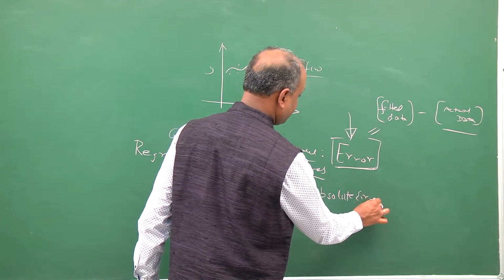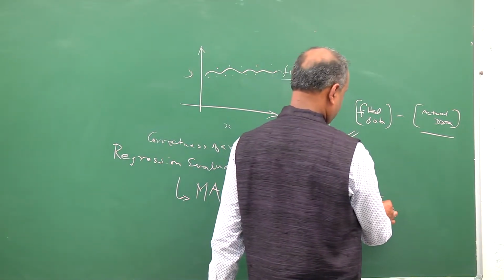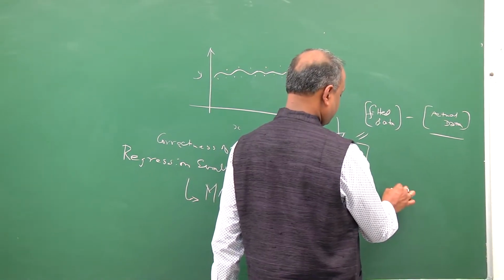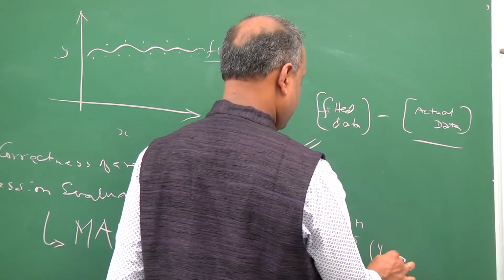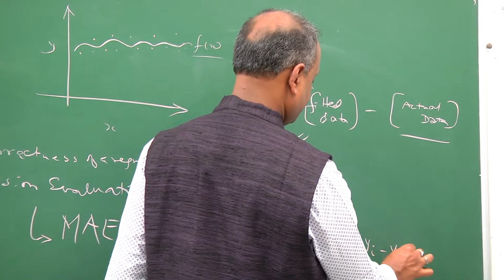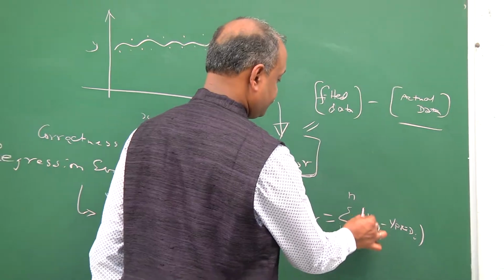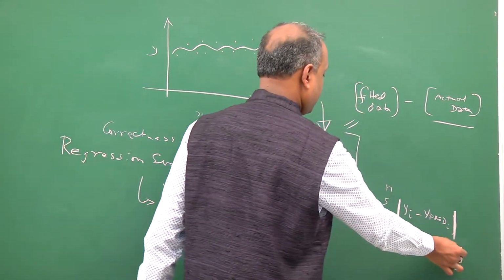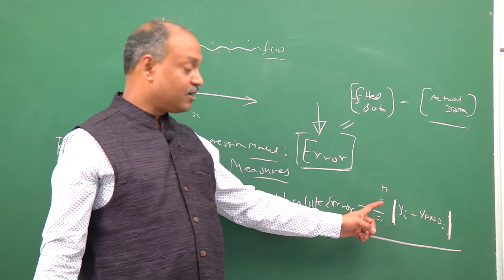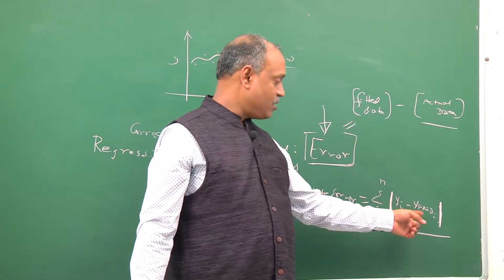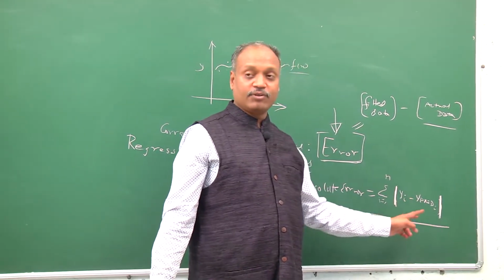Mean absolute error is basically, if you have i equal to 1 to n different observations, then for a specific ith row, yi is the actual value and your predicted value is y pred i, and you take the absolute gap between the two.